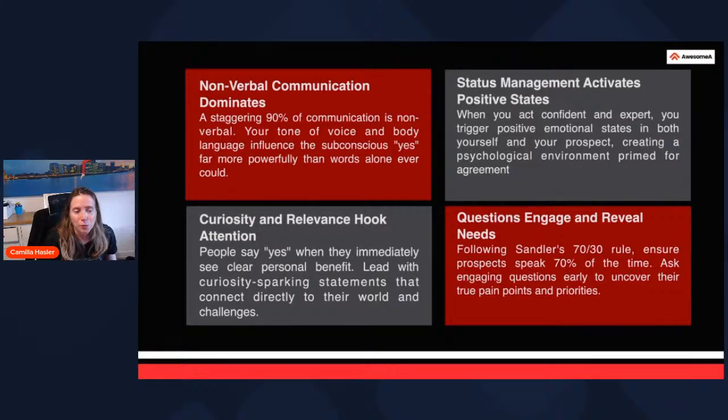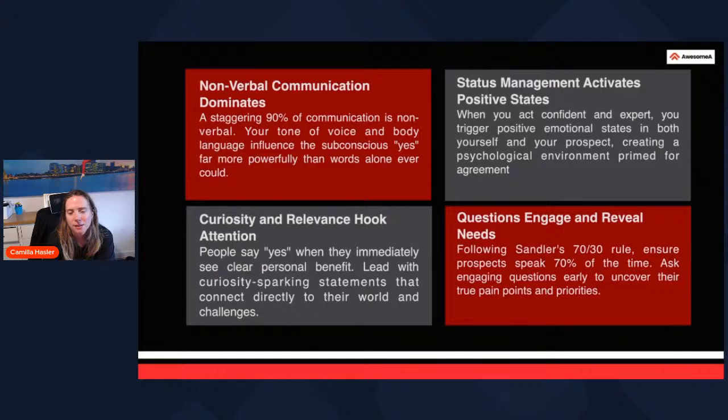So you want to be constantly asking those key questions, thought-provoking statements or questions that demonstrate you understand your buyer's world. And then you also want to engage and think about what the serious needs are.